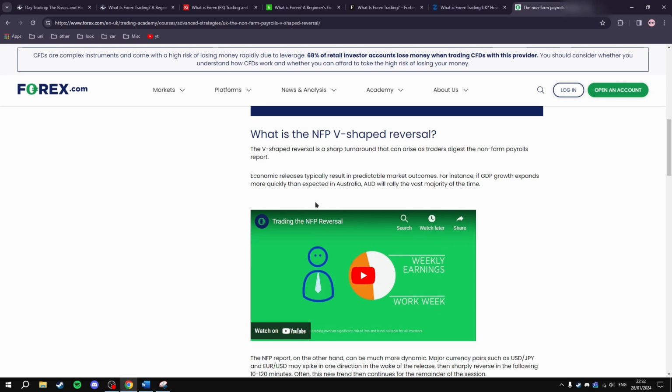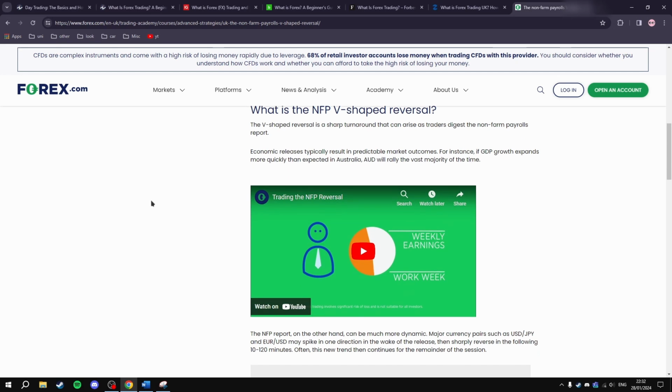Economic releases typically result in predictable market outcomes. For instance, if GDP growth expands more quickly than expected in Australia, AUD will rally the vast majority of the time. The NFP report, on the other hand, can be much more dynamic.